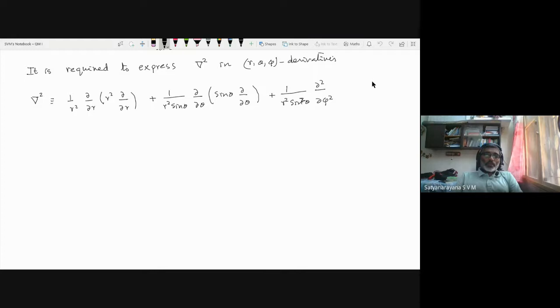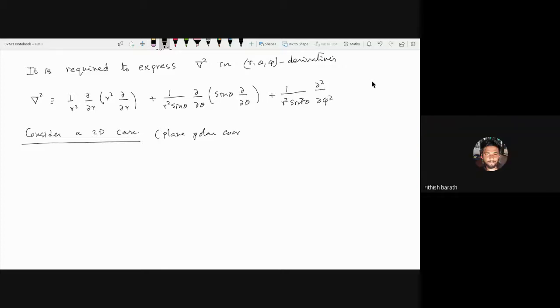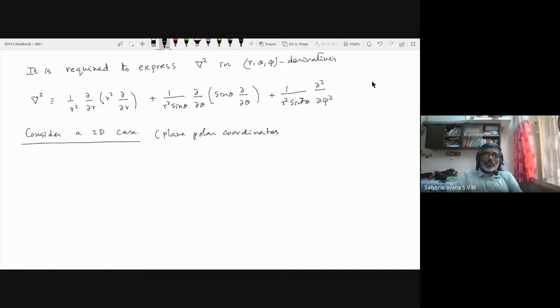now what I will do is simplify this a bit. Okay, so let us consider a two-dimensional case. That means here we are going to talk about plane polar coordinates. No, I'm just considering only the xy case.